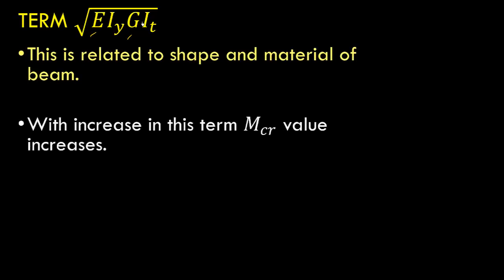With an increase in this term, the MCR value increases. If you increase either E, I_y or G, I_T, because this term is multiplied in the MCR expression, your critical moment also increases.